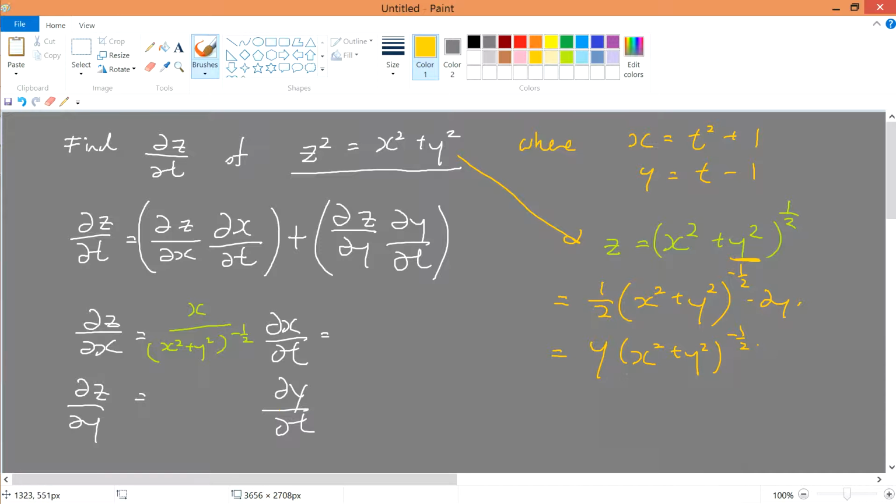So I can also rewrite this term over here. Actually this is wrong, I shouldn't put it minus half. Careless mistake. Why am I lagging? I'm just simply erasing.